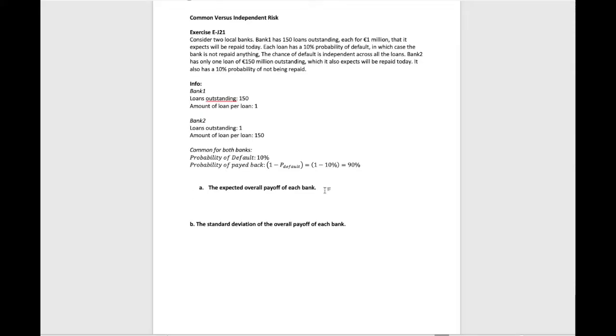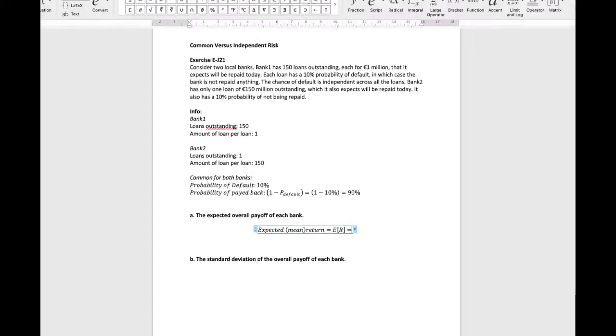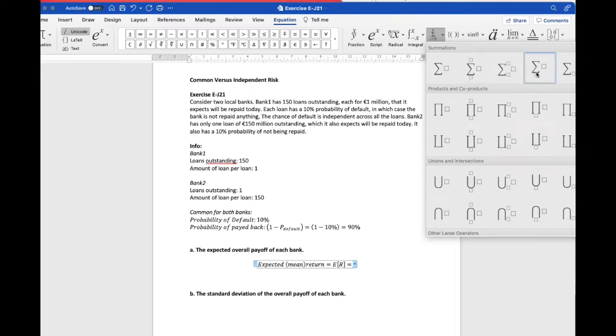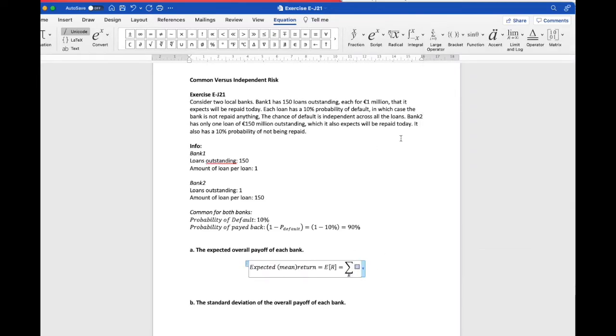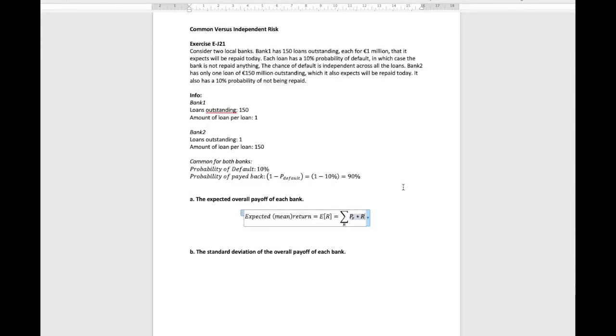So for that, we will use the expected return, or the expected mean return calculation, where the expected return calculation is based on probabilities, and we can use the following equation: the probability of one outcome times the return of that outcome.